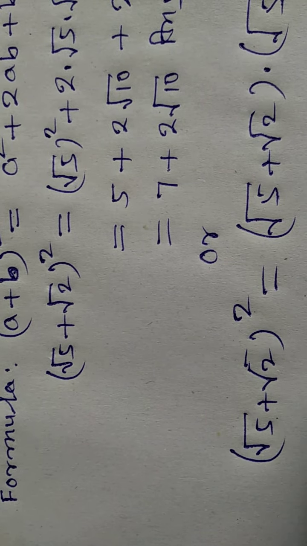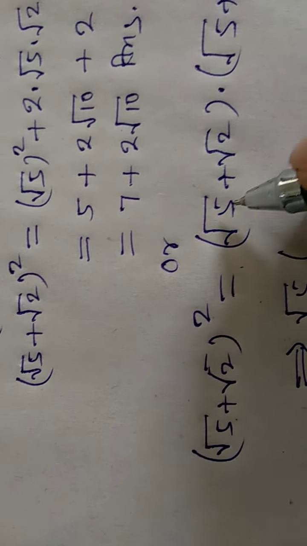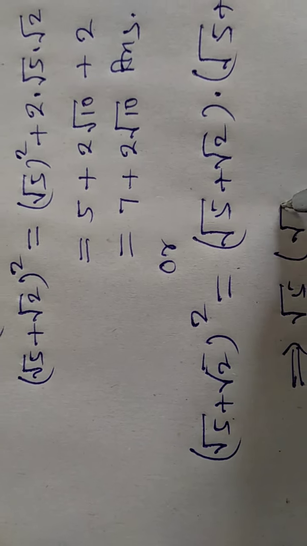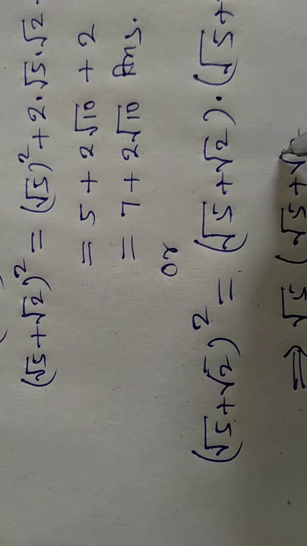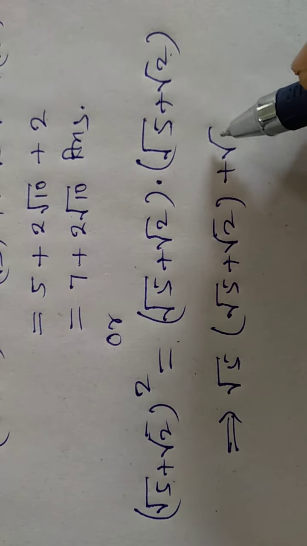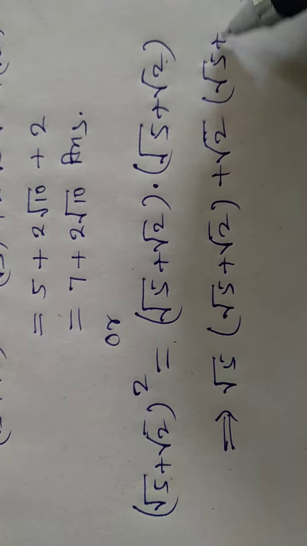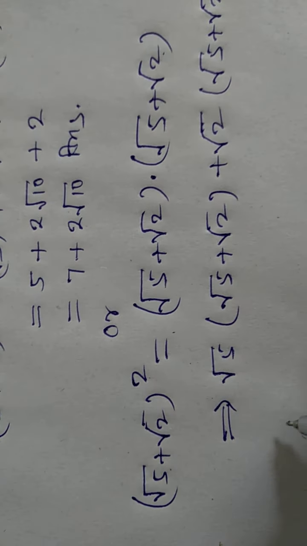Now you will take this root over 5, with this you will write this bracket term root over 5 plus root over 2 to find the product, plus root over 2, and with this you will write the second term root over 5 plus root over 2. Now multiply.